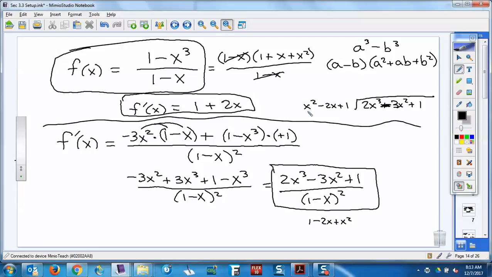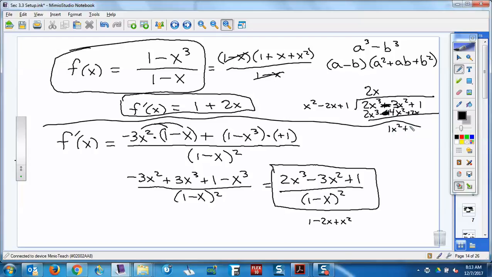But then we would look at this and say, okay, x squared goes into 2x cubed. Well, that would be 2x. And then we distribute that. That'd be 2x cubed, and that would be minus 4x squared. And then that would be a plus 2x right there. And then we would subtract those, and those would disappear. And -3 minus -4 would be -3 plus 4. That'd be 1x squared.